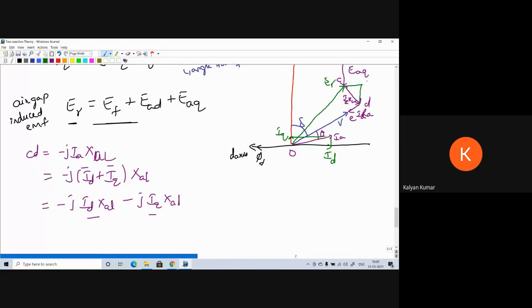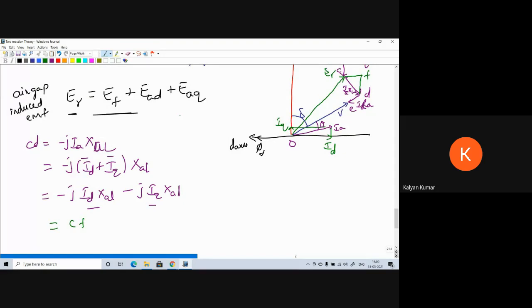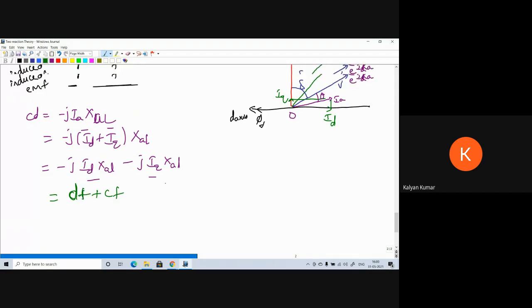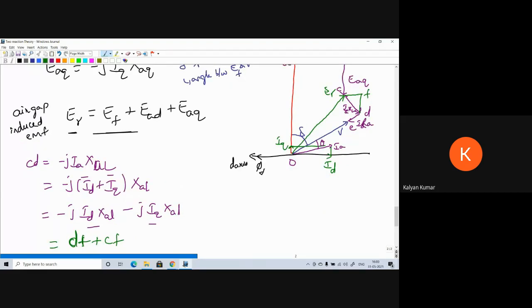So, if you take this point as F, this is DF and this is CF. ID XAL is DF and IQ XAL is CF in this figure.